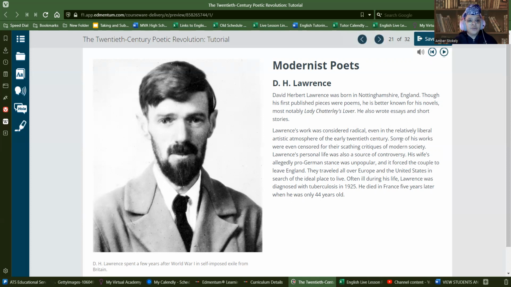So he was considered radical in some ways. His personal life also had some controversy. His wife was allegedly, it was rumored, pro-German, and that made him unpopular, and they ended up having to leave England, actually. So the rest of this is just information about his life. He traveled, trying to find a place to live.